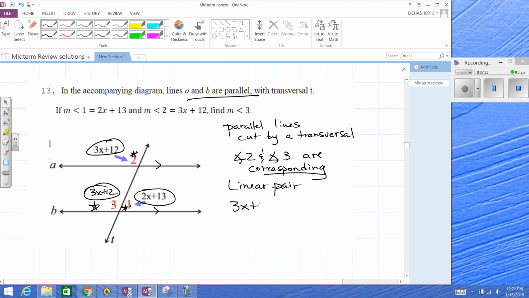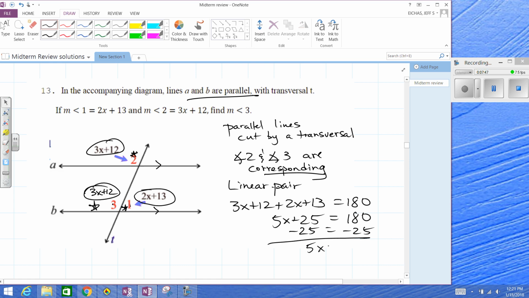So we're going to say 3x plus 12 plus 2x plus 13 equals 180. And now it's a matter of combining like terms and going through your process of solving. What is that? 155. Looks like 31 maybe. So there you go. Oh, wait a minute. No, they want the measure of angle 3.